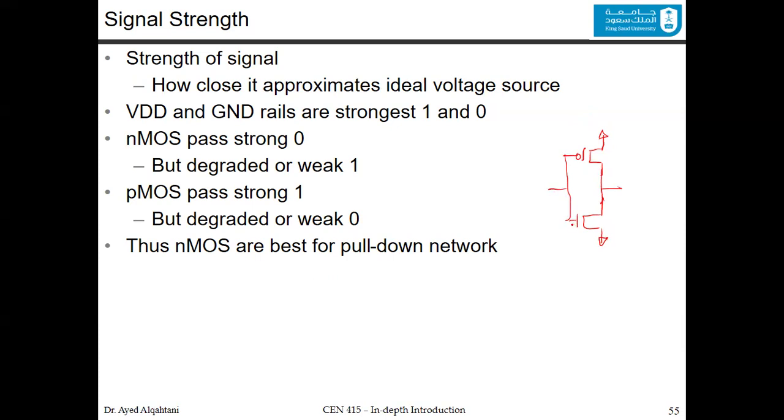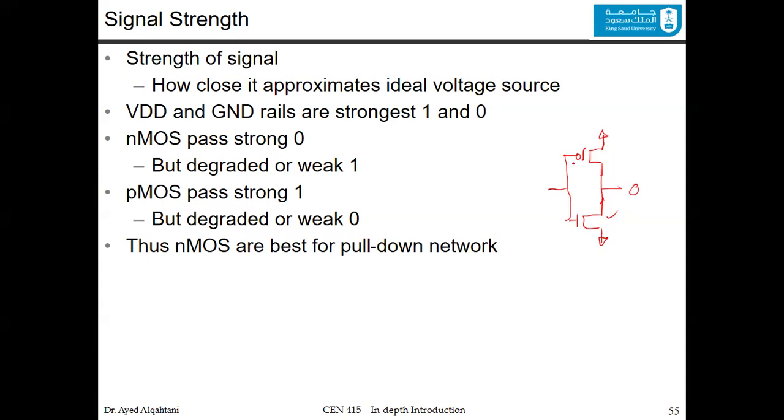You can see that the NMOS is connected to the ground, because when this is on, the output will pass to the ground, and we will have 0. The 0 will pass as a strong 0, because of the property of the NMOS, which will be really good in our case. This is why we have the NMOS in the pull-down network.